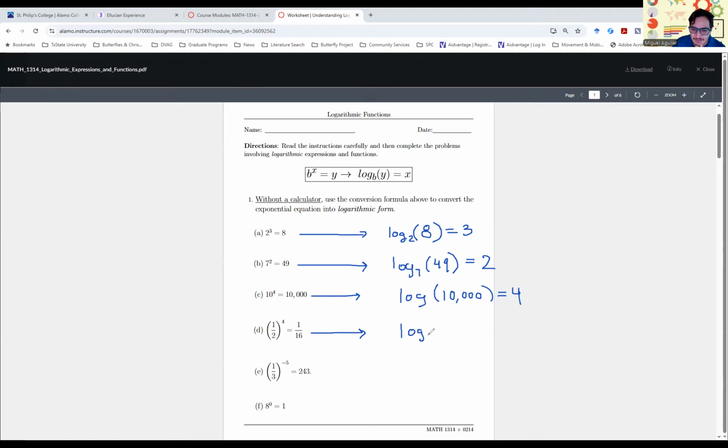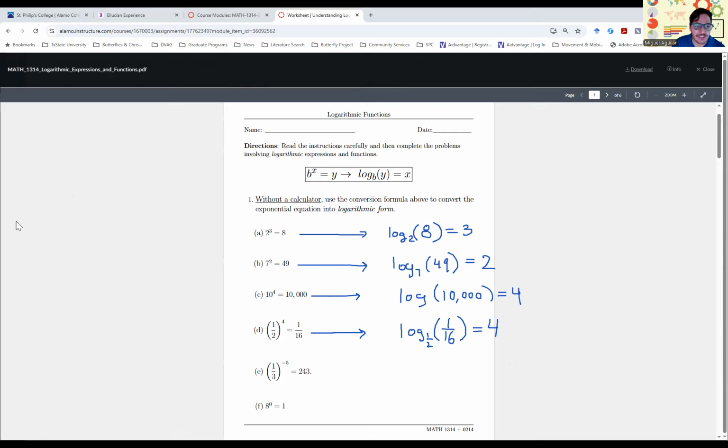One half. What goes inside the parentheses? 1/16. Equals 4. Are you okay with that? Yay, Gina.